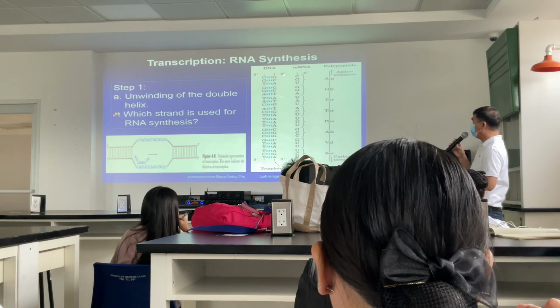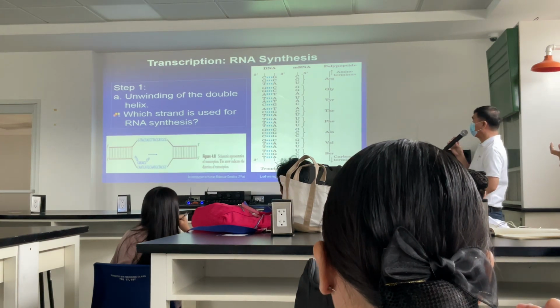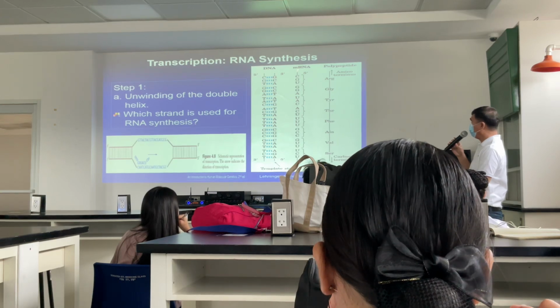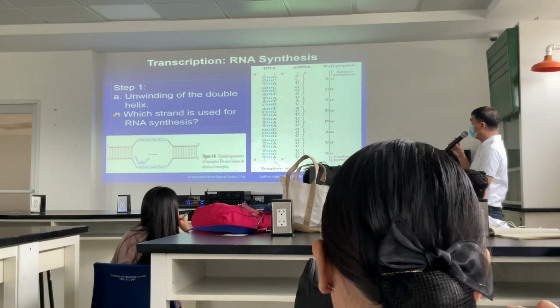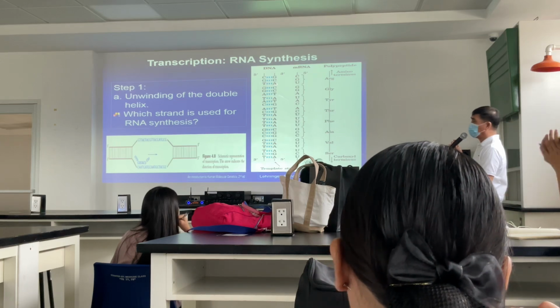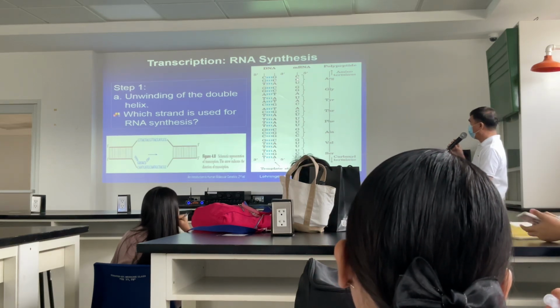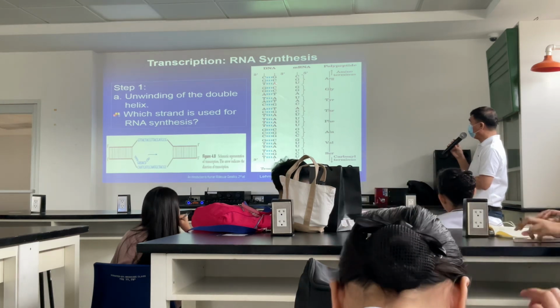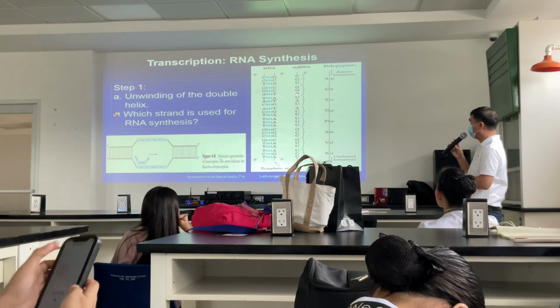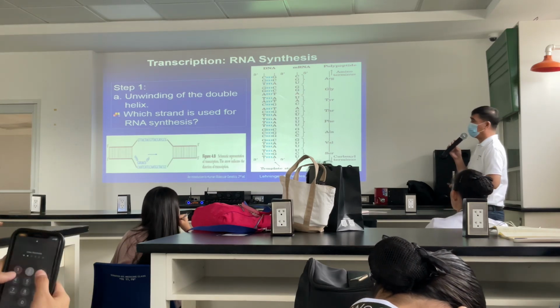So what did we say in the pairing of bases? If this is guanine in the template strand, then in the mRNA it becomes cytosine. Cytosine becomes guanine, adenine becomes uracil, and thymine in the template strand becomes adenine. Okay?